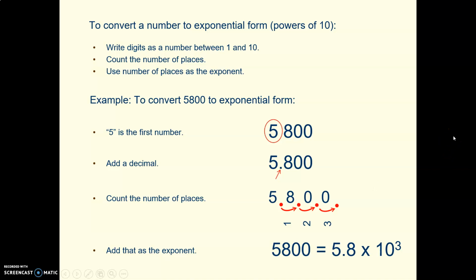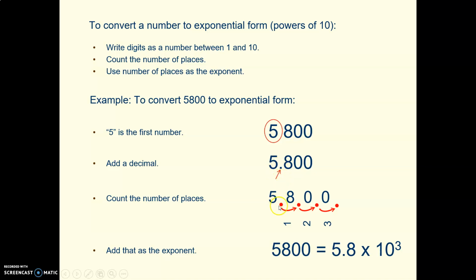So let's think about how you can streamline your numbers on your schematic drawings to make them smaller by using exponents. So for example, let's say your number is 5,800, and you want to convert that to an exponential form. You start with the first number, in this case that's a 5, and you add a decimal point after that first number, so 5 point.